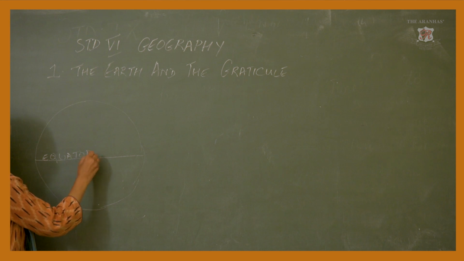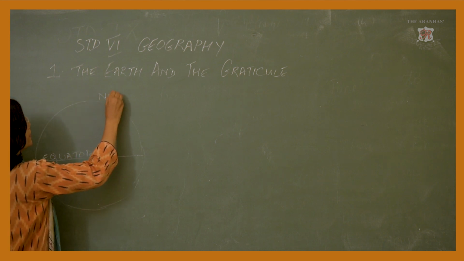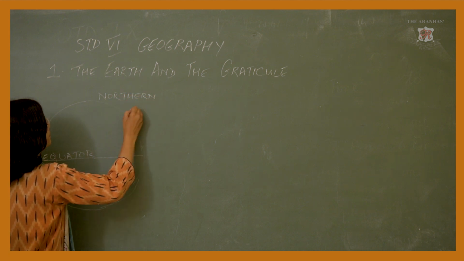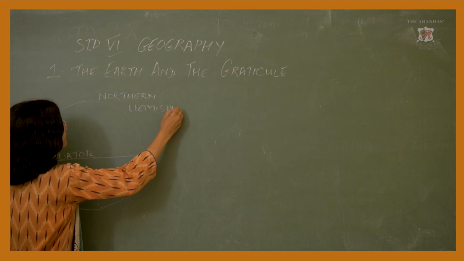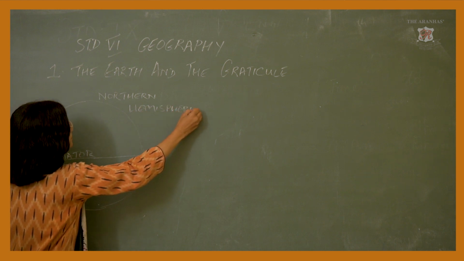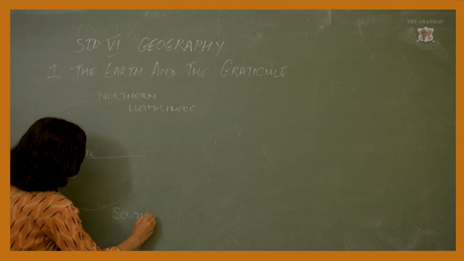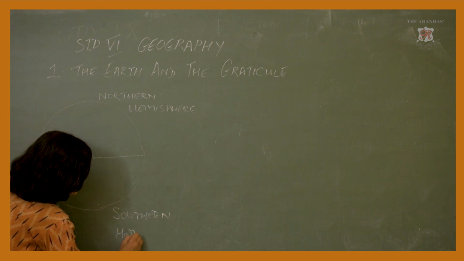So, this is the first imaginary line, this is the northern hemisphere, and this is the southern hemisphere.